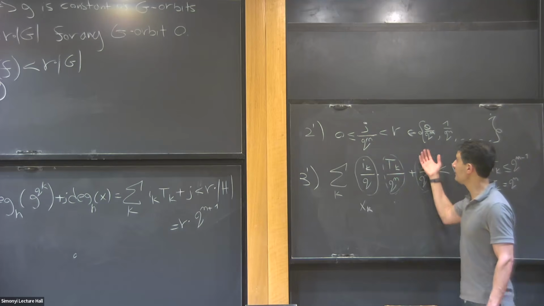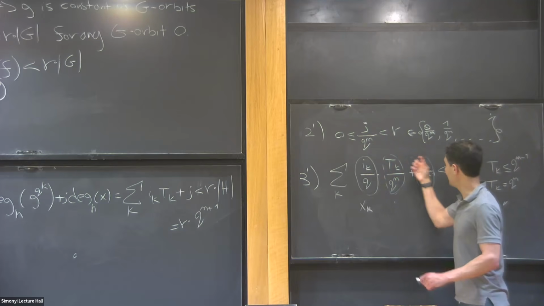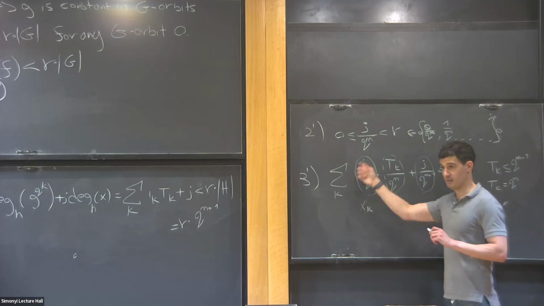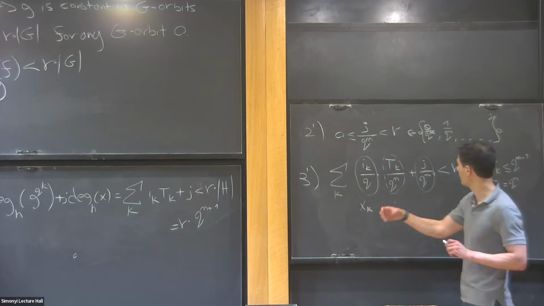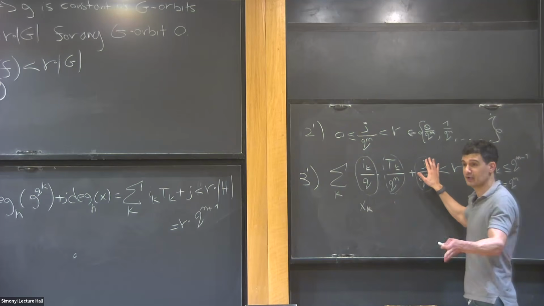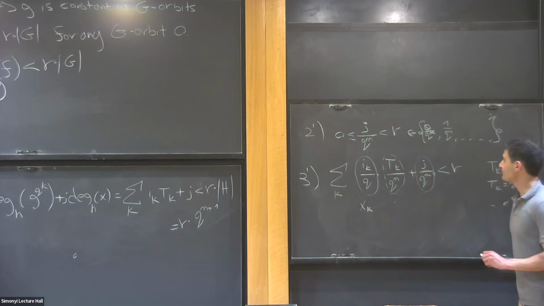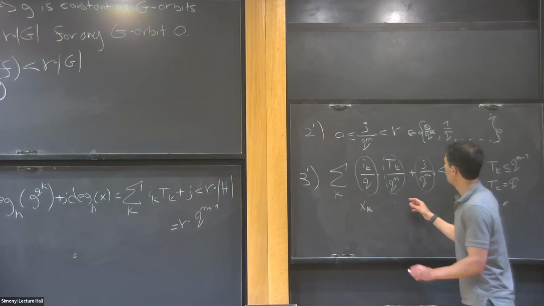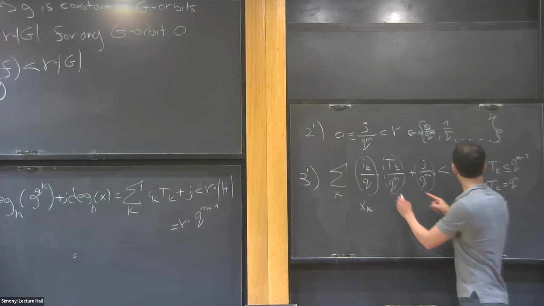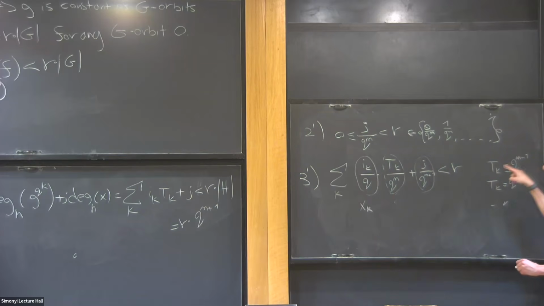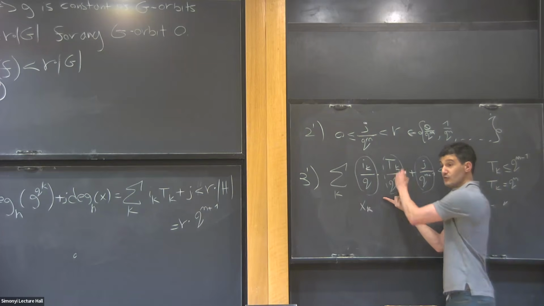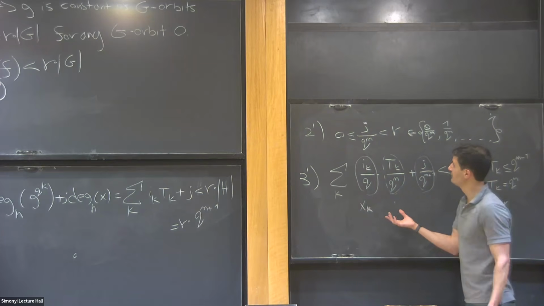You can pick J independently of I, because they're coupled here, and this is equality, but as Q grows, the contribution is negligible, goes to zero. So my point is, when Tk is at most Q to the n minus 1 and Q is large, this tends to zero, so I can ignore it.